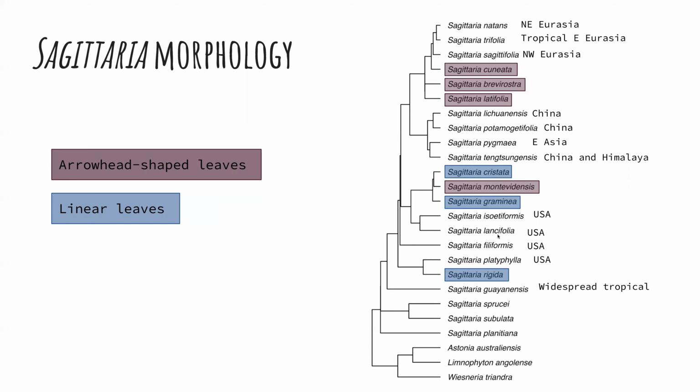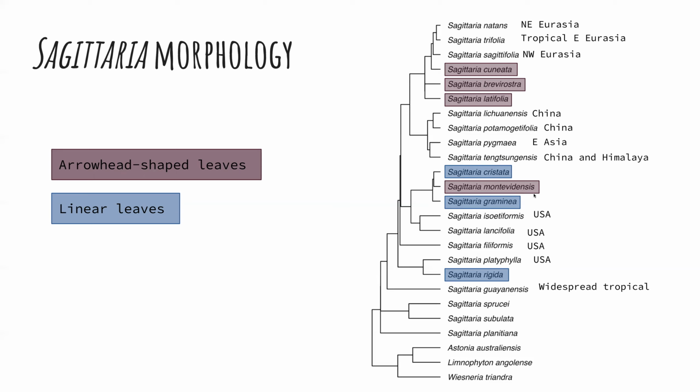Lancifolia, so lanceolate leaves. Isoetiformis also has skinny leaves. So this kind of ancestral skinny leaf feature, I probably should have highlighted more of the morphology on these other species. And then the arrowhead-shaped leaves more in this other group of species with that Eurasian ancestor.